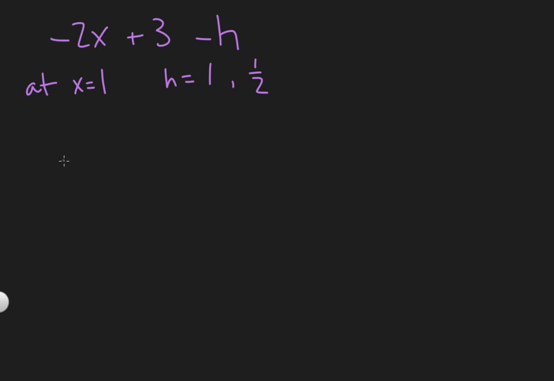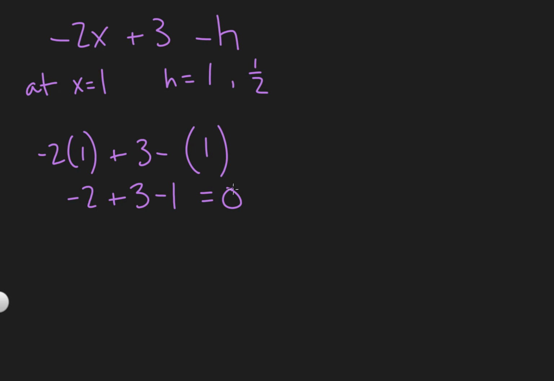So at x equals 1, we're going to plug in the 1 for the x and the 1 for the h. So we get negative 2 plus 3 minus 1 would give me 0.